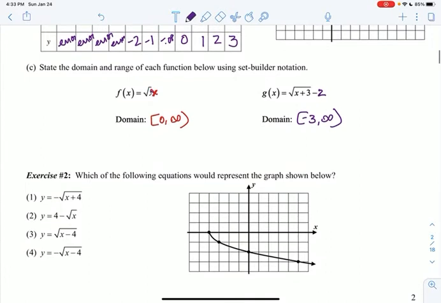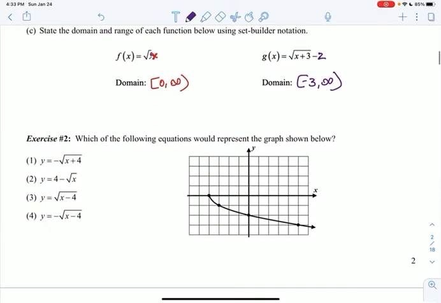Thinking of my transformations, let's do exercise 2 right here. My normal parent function graph, y equals the square root of x, looks like this. But you can see this one is upside down. Plus, it's also been shifted 1, 2, 3, 4 to the left. So it has been reflected and shifted 4 to the left.